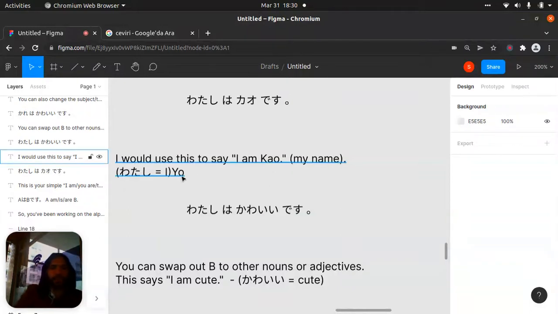Watashi is I, or kare can be he, like that. So this point can be I, you, he, she, something like that. This point is the topic marker, and this point is the verb between A and B, which is am, is, are, this kind of thing.